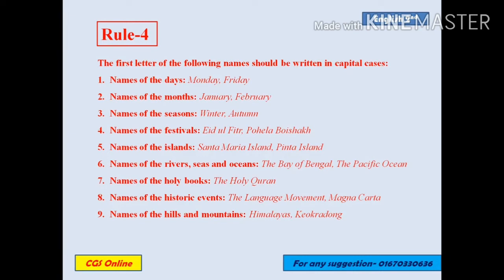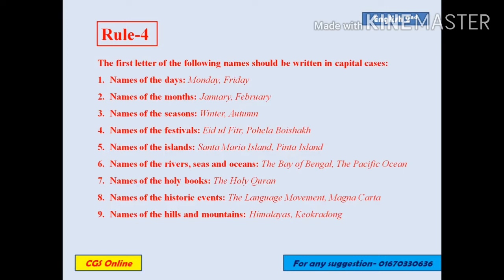Name of the seasons, again the same case, these are also proper nouns. Name of the festivals, in our life there are so many occasions where we make fun. These festivals are great events in our lives, so they should be written in a great way, right?